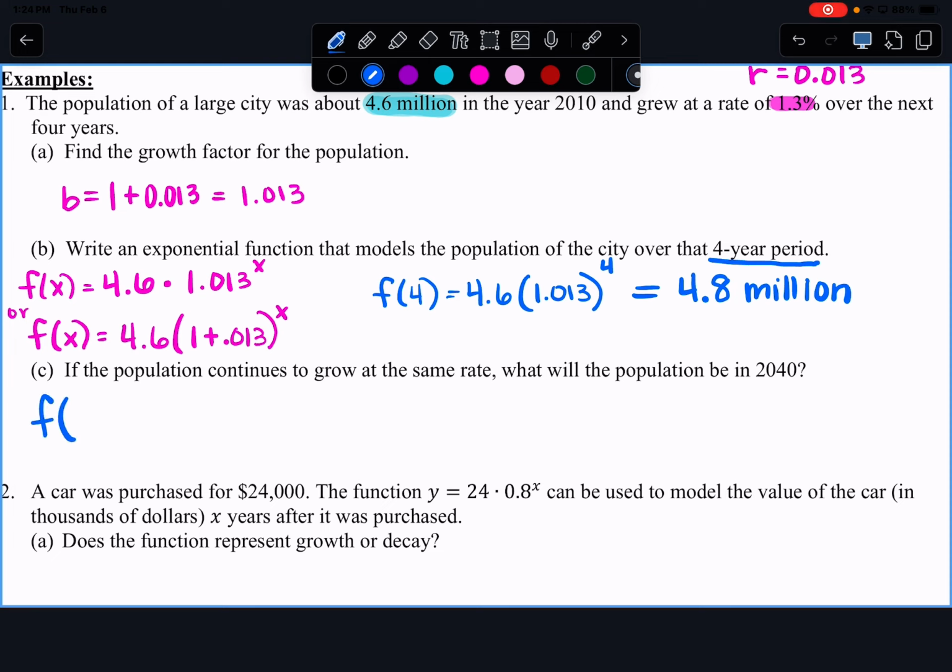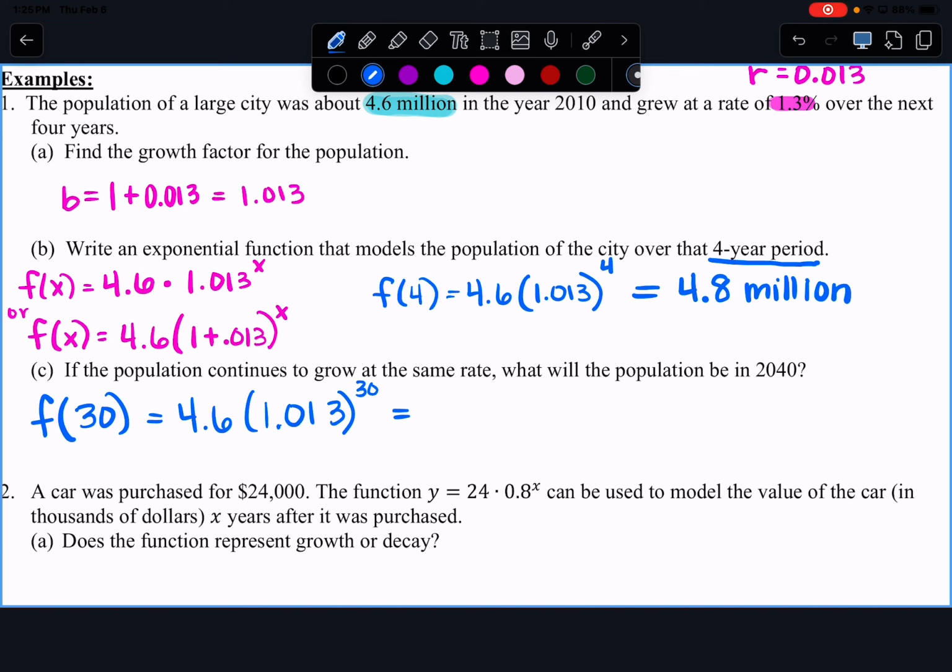We have to take that equation, but instead of plugging in 4, what do I need to plug in now? 30. And so we will do 4.8 times 1.013 and raise it to the power of what? 30.